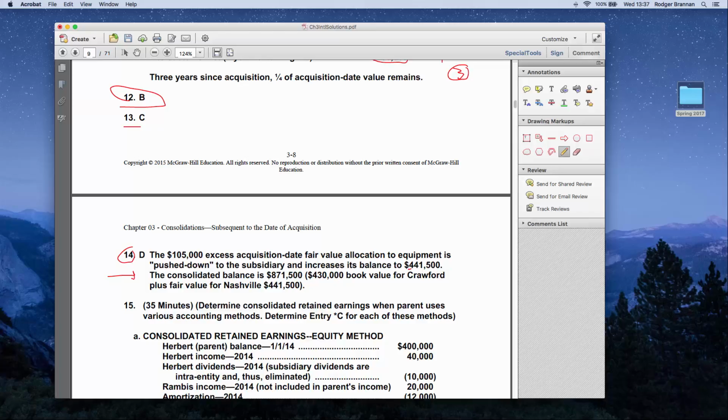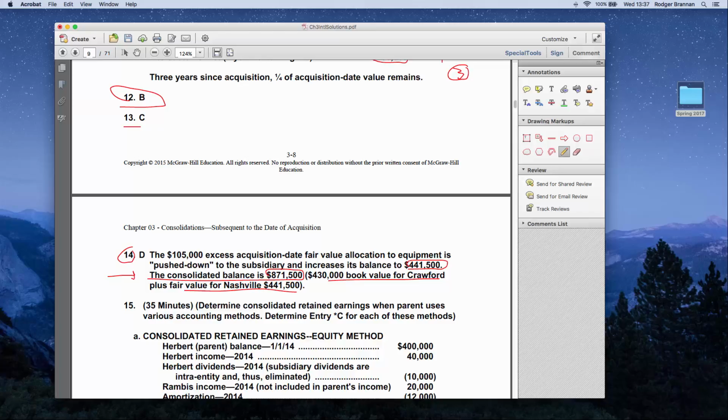Since the sub assets were understated, in this case by the 105,000, under push-down accounting the subsidiary is allowed to essentially write those up to 441,500. So the consolidated total is going to be 871,500, which is the book value for Crawford, that is the parent, plus that push-down amount, namely 441,500.